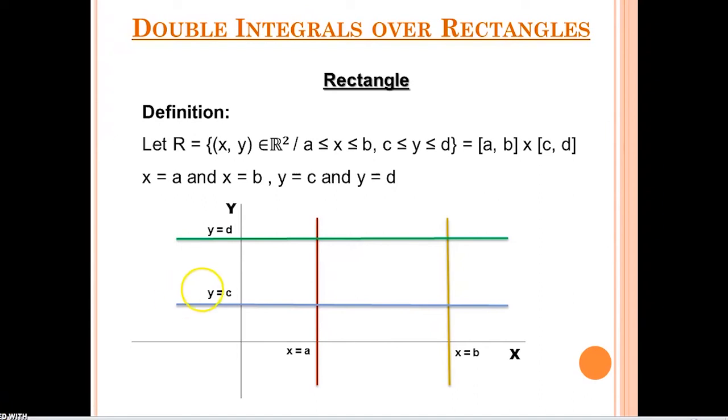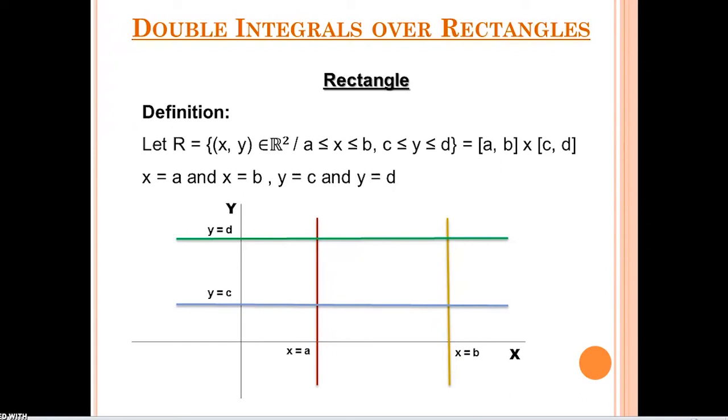We have defined a rectangle, and now we are going to study the double integral. We need some terms: the first term is the rectangle, then we partition the set, as we did in the definition of the definite integral, where we partitioned the set and found the infimum and supremum, or considered the Riemann sum, and so on.